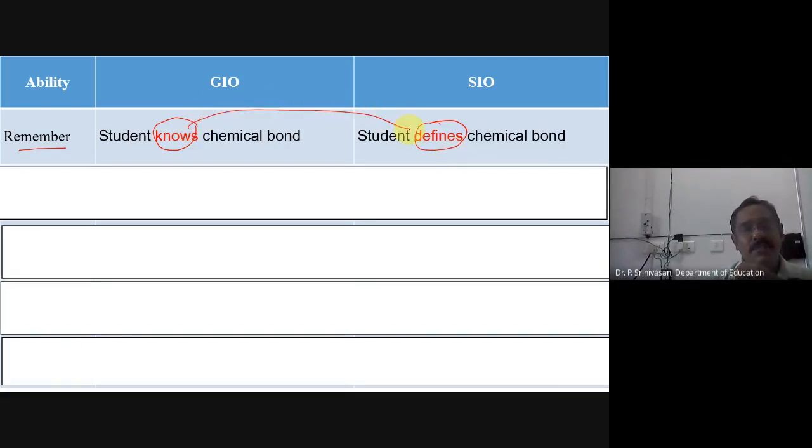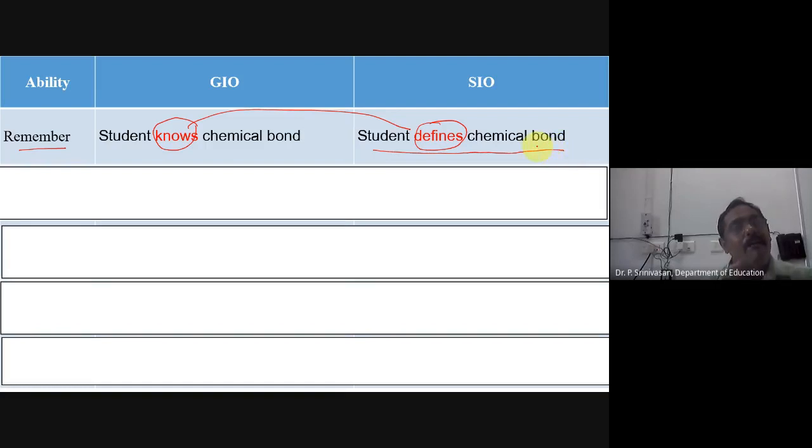The remaining structure of the statement is one and the same; only the word changes. Knows belongs to the GIO, general instructional objective, and defines belongs to the SIO. This is what we are very much concerned with. These objectives guide us to write the lesson plan.